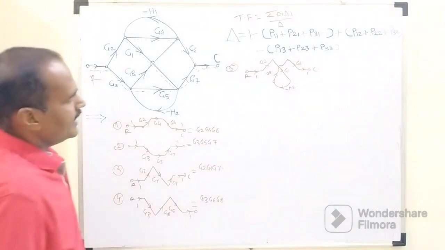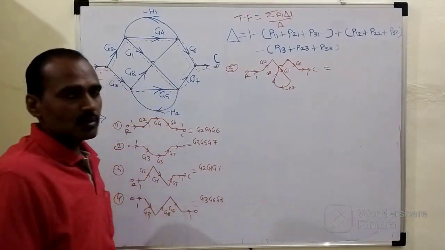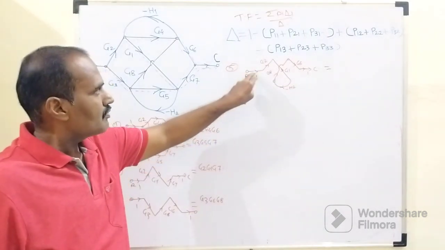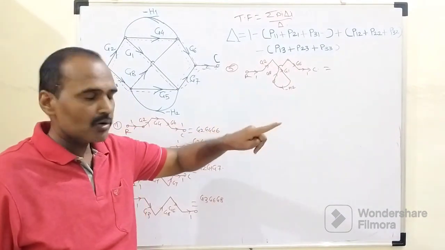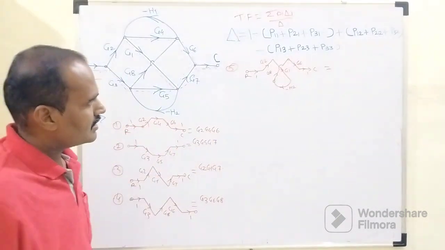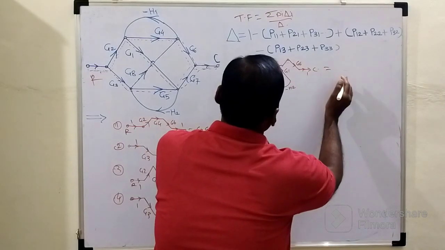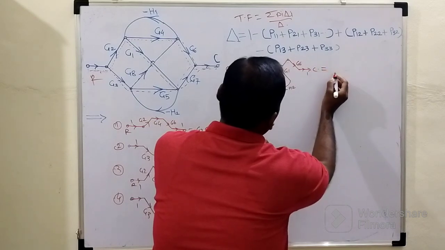So here the overall gain of this forward path, which consists of 1, 2, 3, 4, 5 and 6 forward path and 1 feedback path whose gain is minus H2. Its overall gain I will write in ascending order.